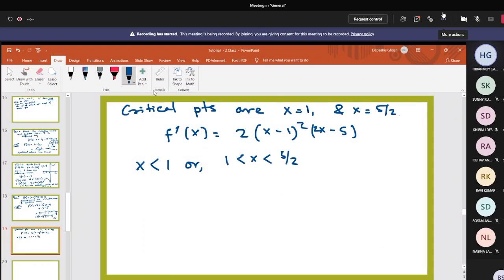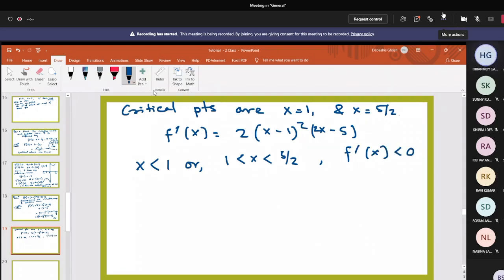If x is less than 1, that is half, then we can have the negative. If we take 1 or more, that is 2, that is 4, then it gives you negative. But between 2 and 5 by 2, it will also give you the negative. So between these two intervals, you are getting f dash x less than 0.